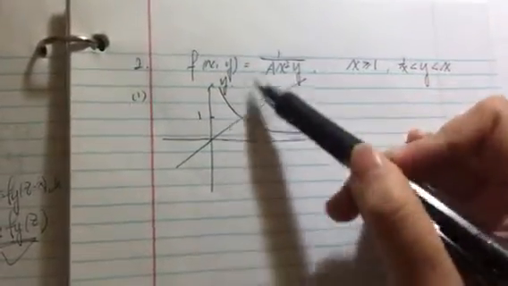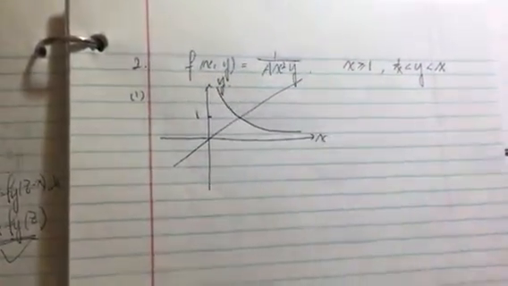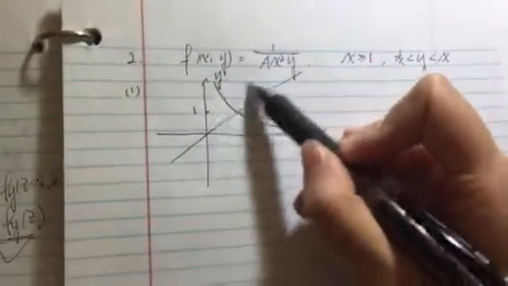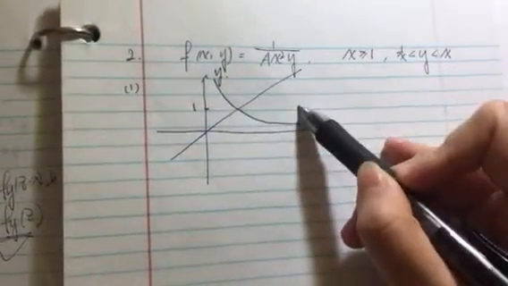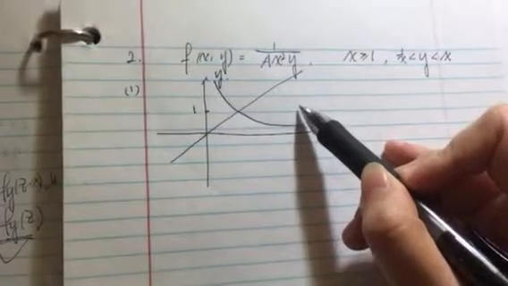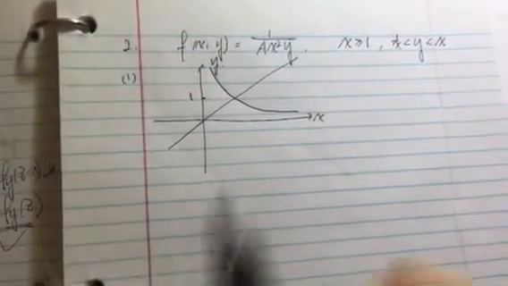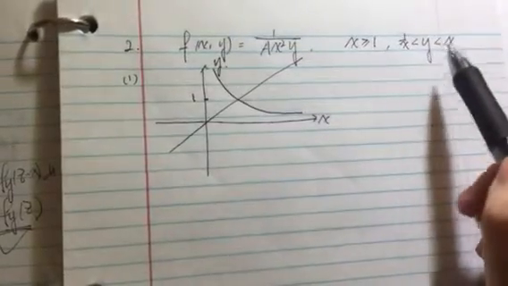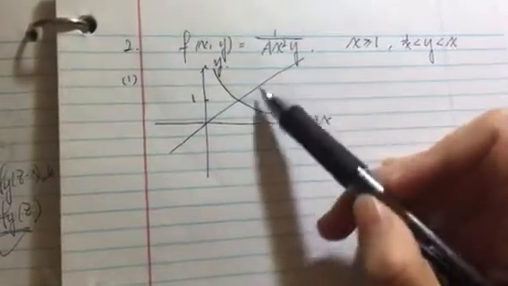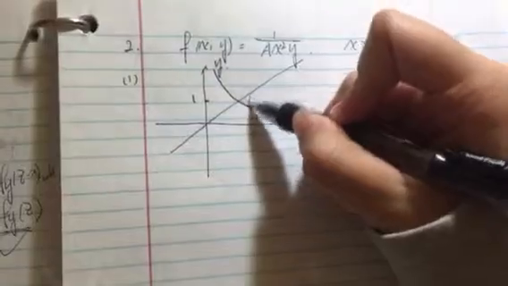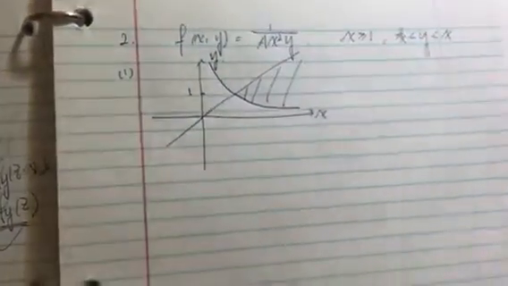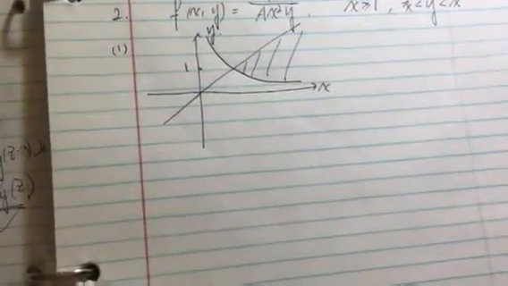So this part here will be y that is larger than 1 over x, but it also has to be smaller than x, so it has to be under this line. So the region here is what we're looking for.